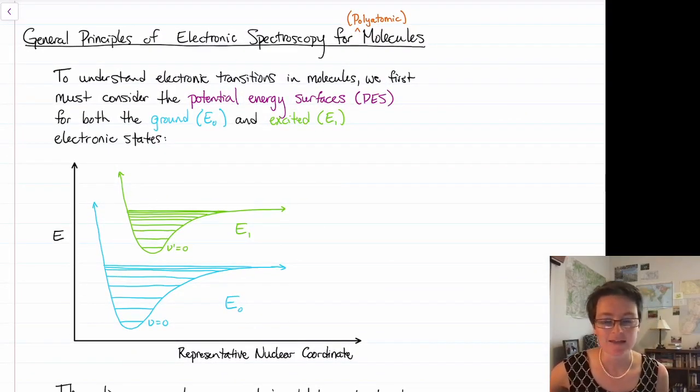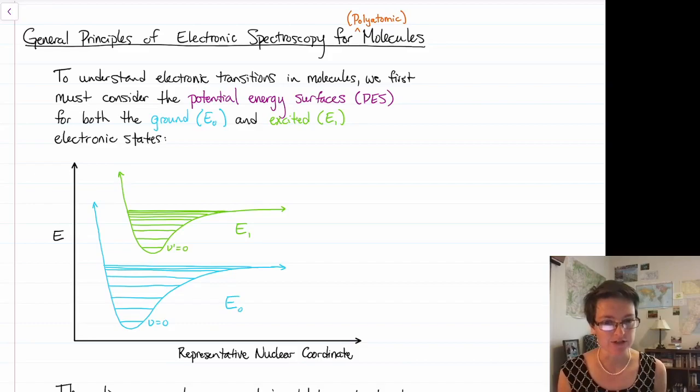All right, and last but not least, let's talk about electronic spectroscopy for molecules. To understand these electronic transitions, we first have to understand a little bit about the potential energy surfaces associated with both the ground and excited electronic states.